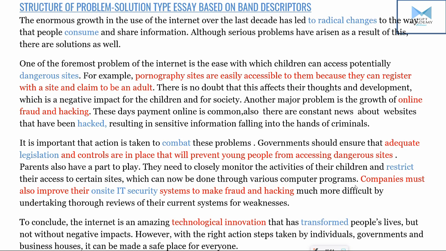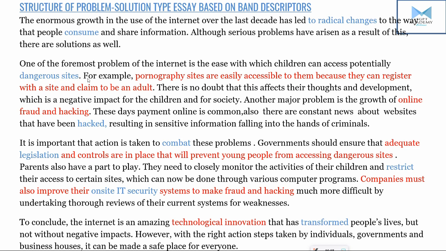So this is the second subpoint, as a solution, which is considered to fight against fraud and hacking. That is, companies should improve their on-site security. This has been given in blue, as it is a very good lexical resource: on-site IT security.